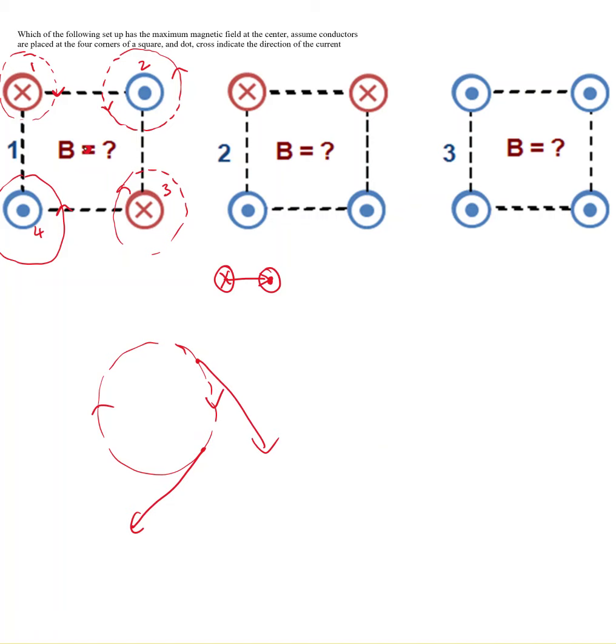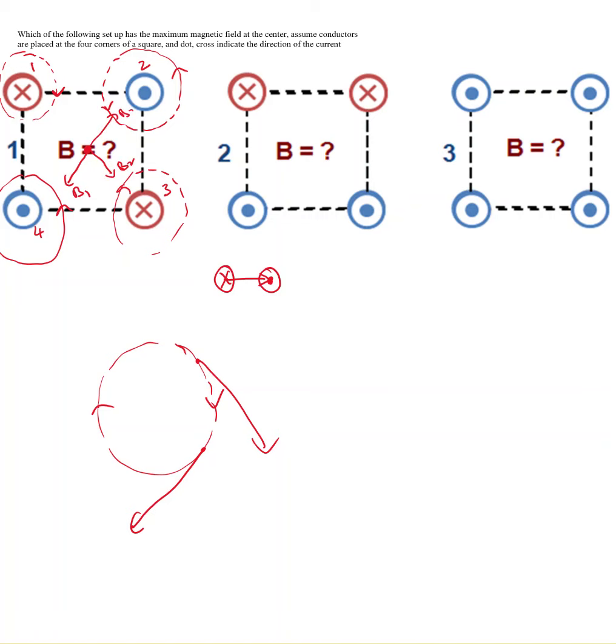Because of conductor 1, if I draw a circle, I can take the tangent as B1. Conductor 2, tangent to the circle, is B2. Conductor 3 gives B3, and conductor 4 gives B4.